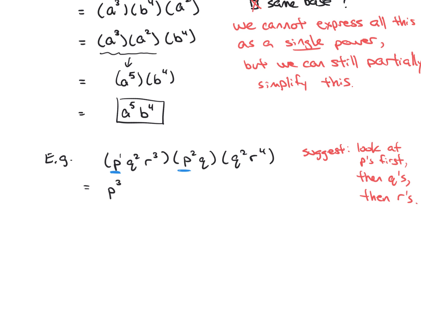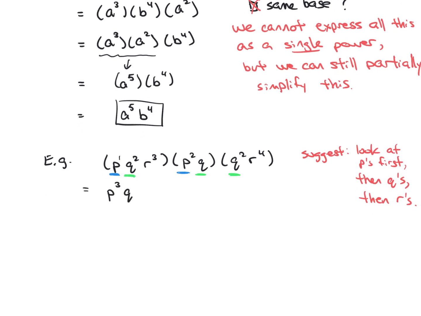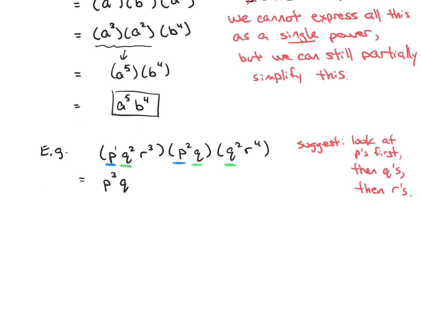Now we'll look at q's. I see a q squared times a q times another q squared. So all of those q's, multiply them all together. The base is q, and the new exponent is 2 plus 1 plus 2, just adding those exponents up. 2 plus 1 plus 2 makes 5.